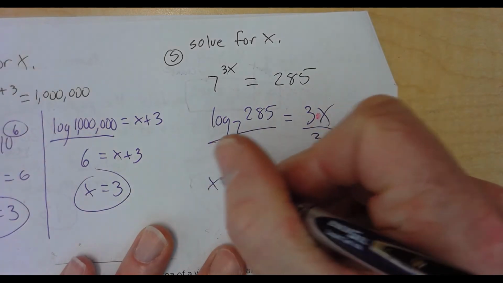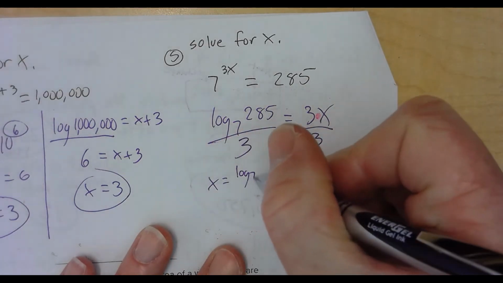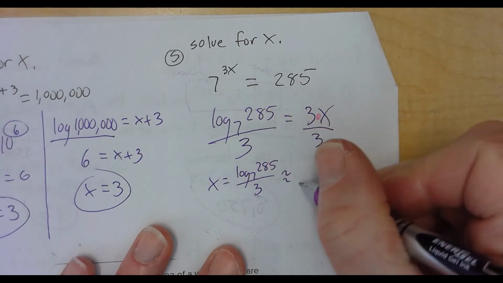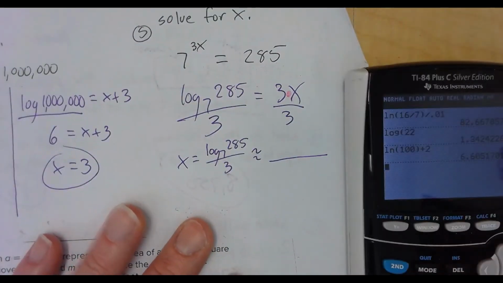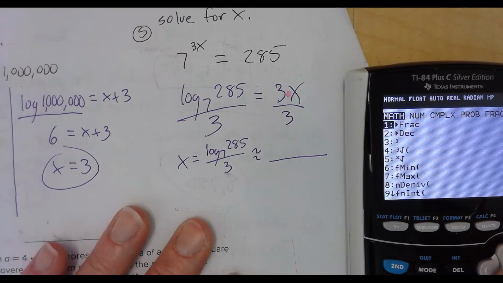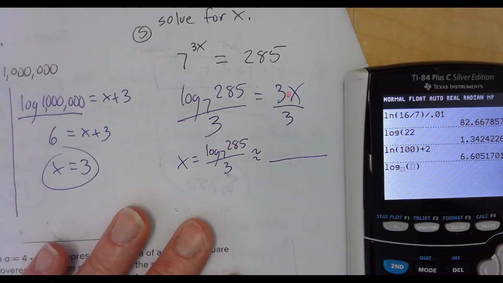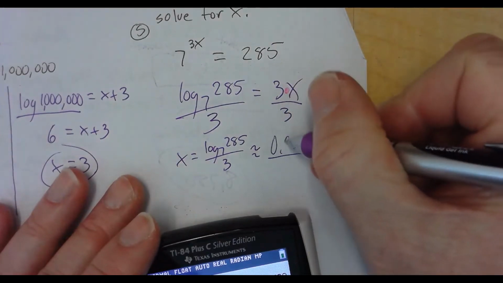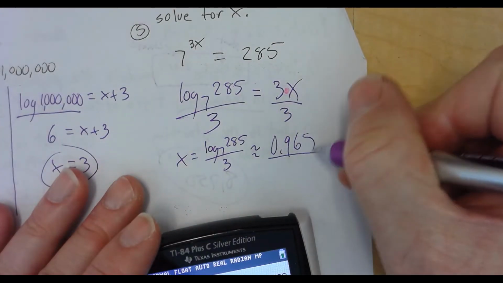So this is the exact answer, log base 7 of 285 over 3, which is approximately equal to, math, up arrow, log base 7 of 285, divided by 3, and it's not quite even 1, 0.968.